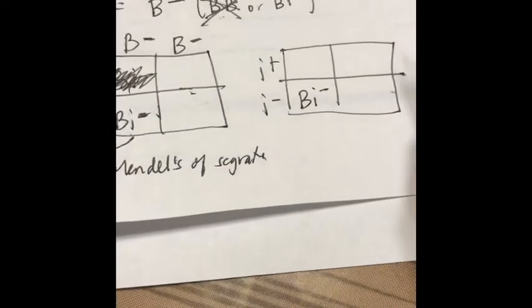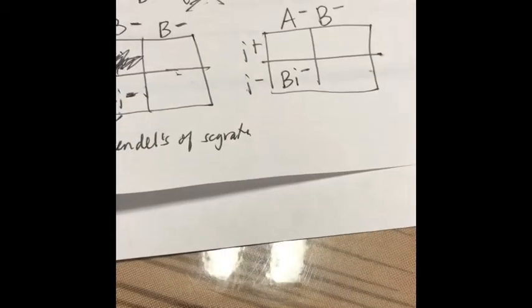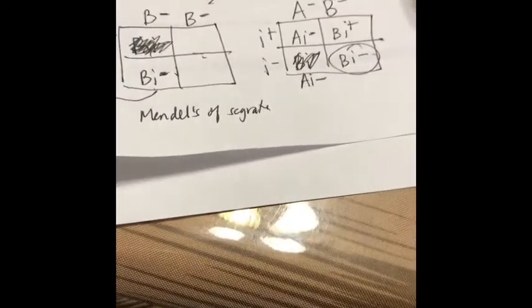So another possibility could be AB negative. How do we know? Because when you do the Punnett square, this gives you AI, this gives you BI positive, but this gives you AI minus, and this gives you BI minus. So that's another possibility. So when asking what are the possible blood types of dad, there are 2 possibilities.